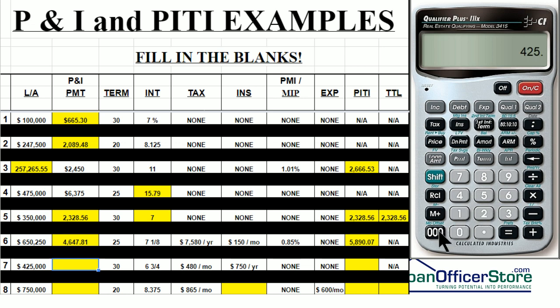So let's start with 425,000, button 1,000. We're going to do a 30-year term. We're going to do 6.75 as the interest rate. And we solve for the P&I, which is $2,756.54.